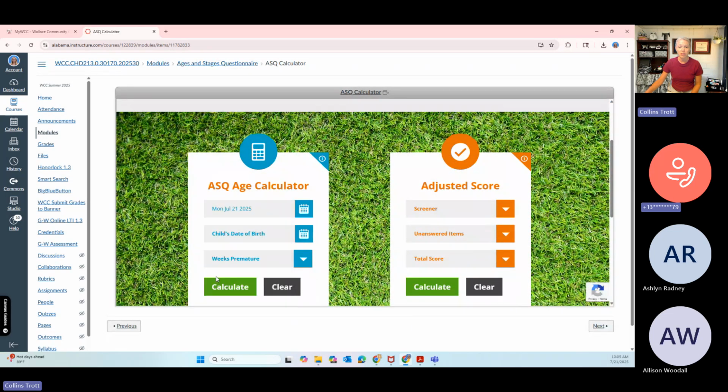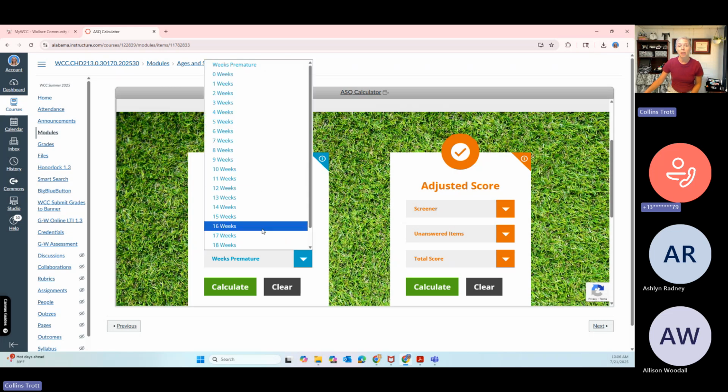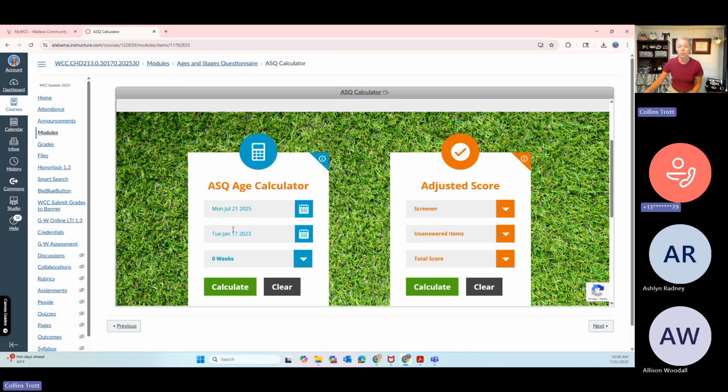So let's say that I'm giving the test today. I need to figure out when the child's birthday is. We're going to choose, this child was born on January 17th, 2003. If a child is premature, we need to know by how many weeks, but I'm going to put 0 for this one. And then I'm going to calculate.